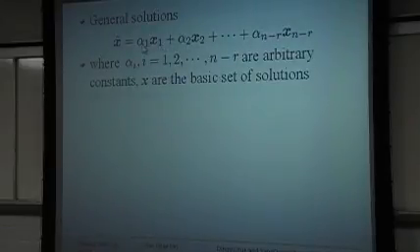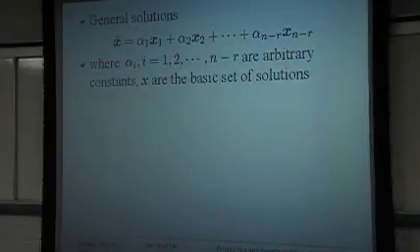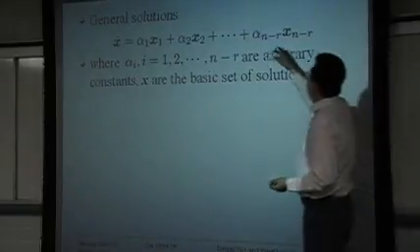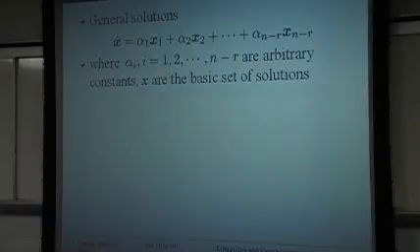We can perform a linear combination of the basic set of solutions, and we get X hat. No matter how you select the values of alpha, X hat is a solution of the homogeneous linear equation. So by selecting different values of alpha, we can construct infinitely many solutions to the homogeneous linear equation.